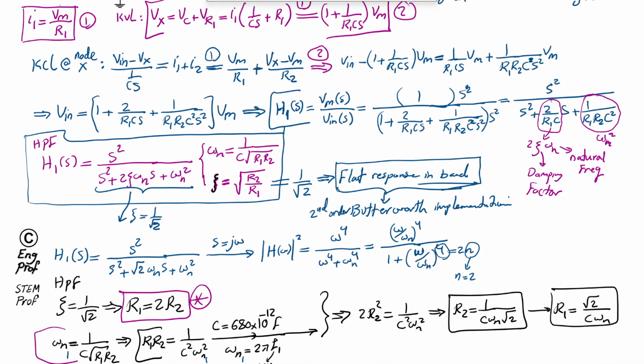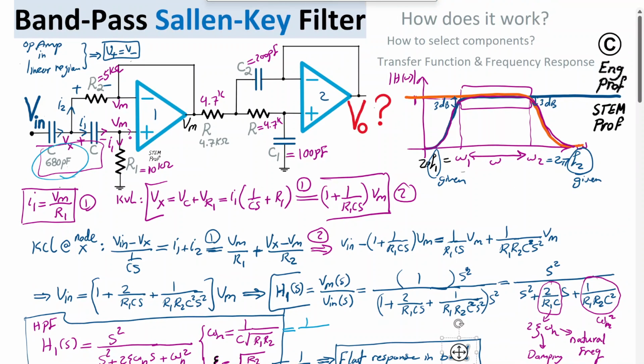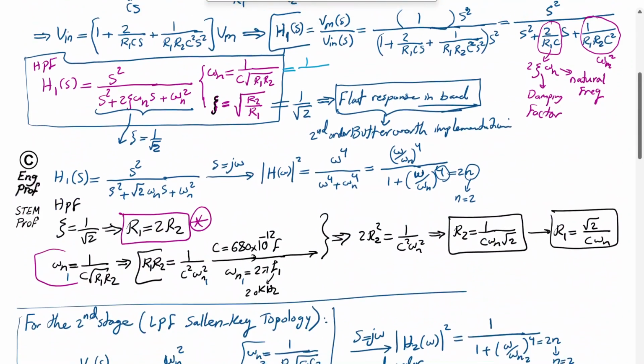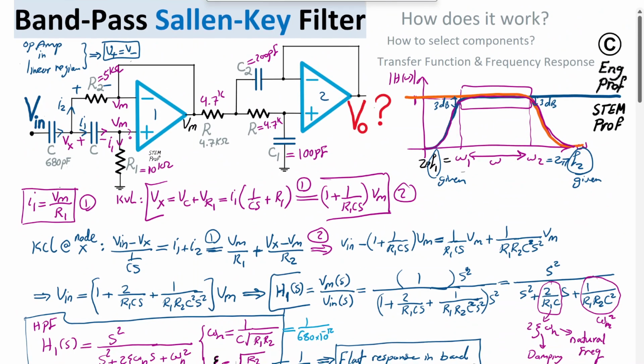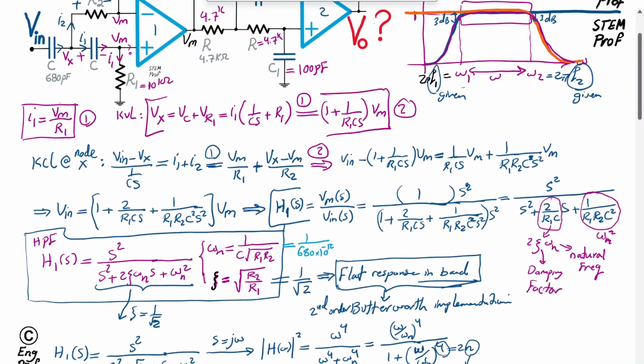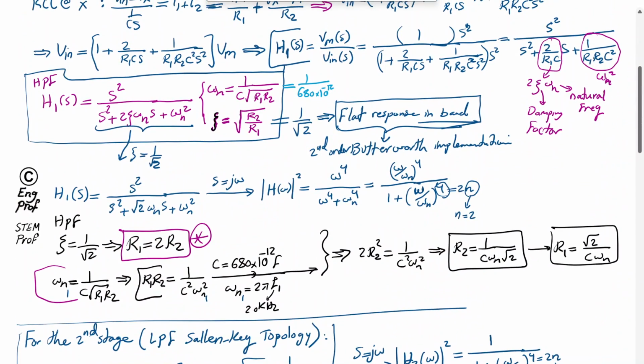It will be equal to 1 over C, which is now, as selected beforehand, 680 picofarad, so 1 over 680 times 10 to the power minus 12, and square root of R1 R2. Because R1 is twice R2, we get 5k times square root of 2, so 5 times 10 to the 3 and then square root of 2.